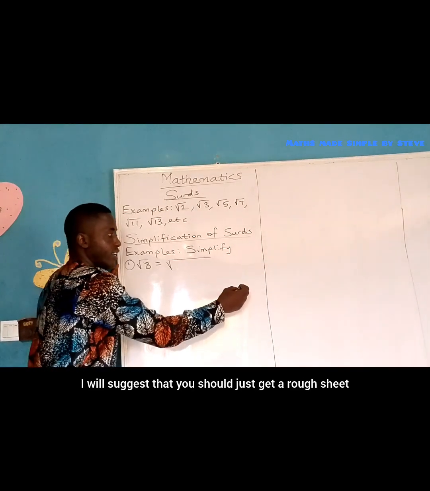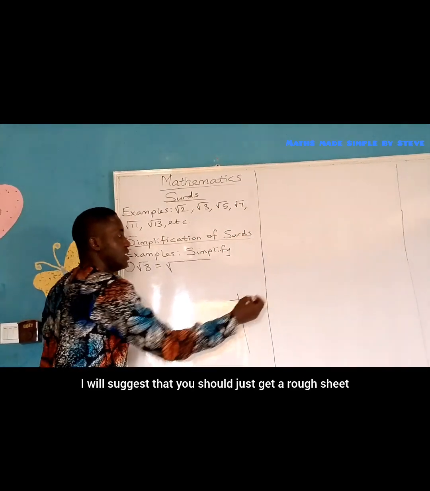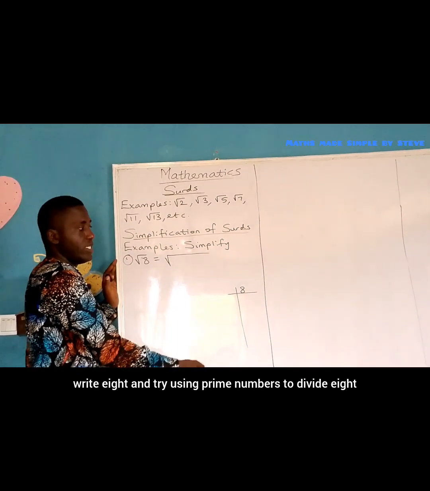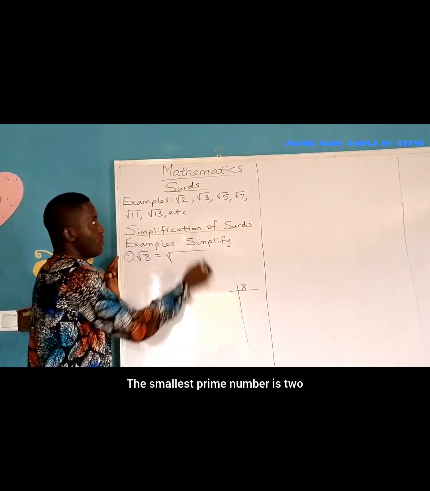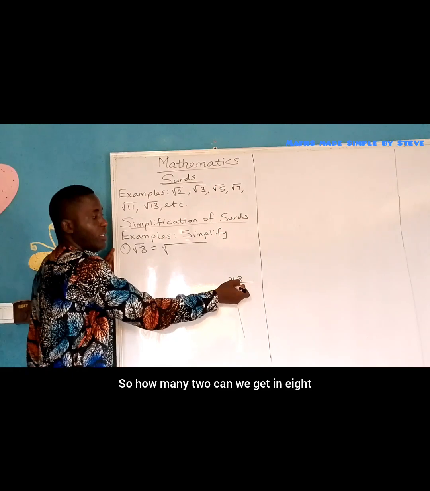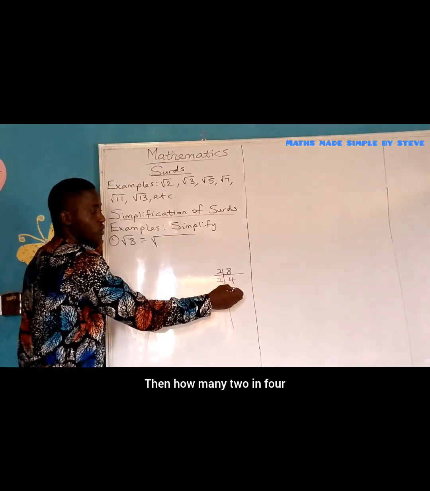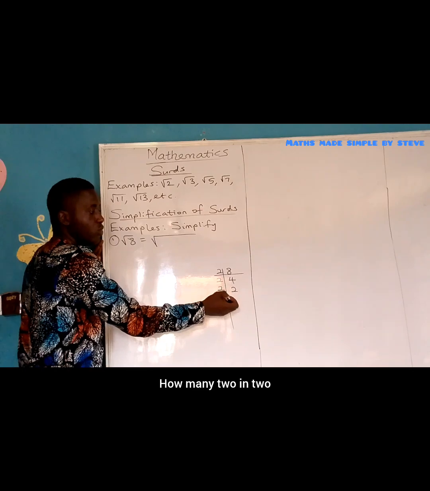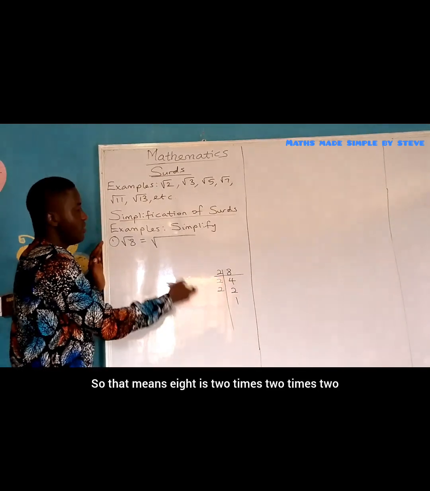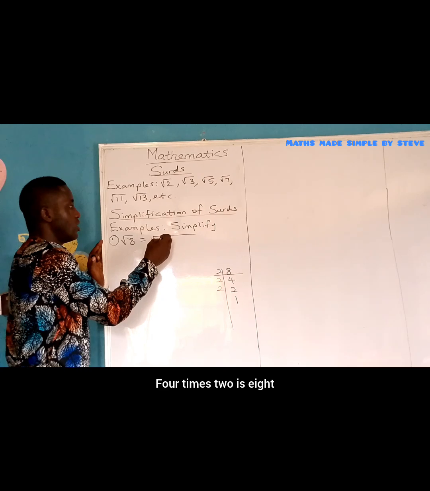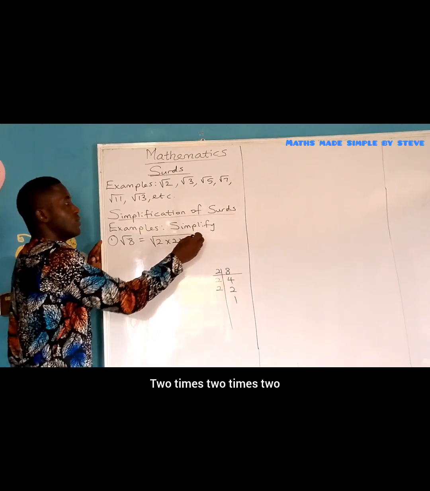I suggest you get a rough sheet, write 8, and try using prime numbers to divide 8. The smallest prime number is 2. How many 2 can we get in 8? 4. Then how many 2 in 4? 2. How many 2 in 2? 1. So that means 8 is 2 times 2 times 2. 2 times 2 is 4, 4 times 2 is 8.